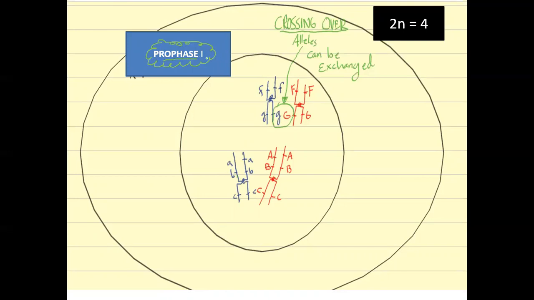The big thing about prophase 1 is that crossing over occurs in prophase 1. It's a little ahead of where we are, but I'm telling you now: in prophase 1, alleles can be exchanged if they are the same gene.